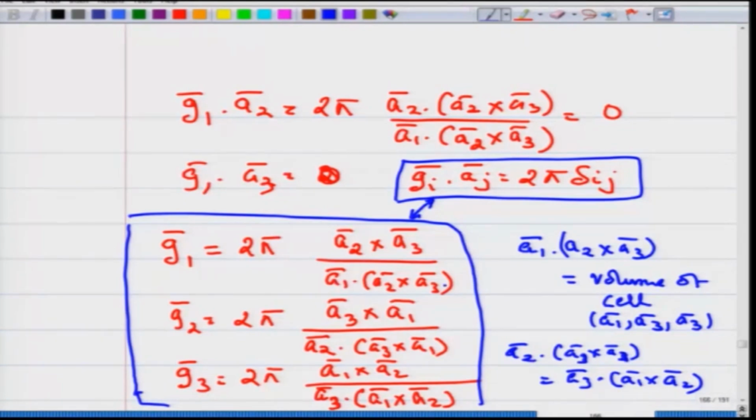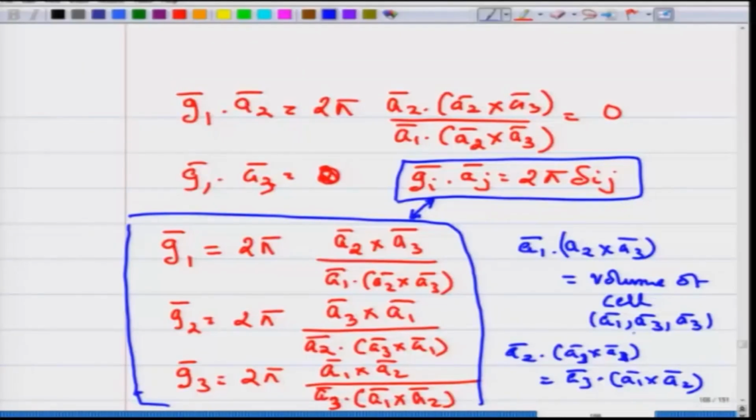So the denominator, all of this, is nothing else but the volume of the cell in real space, which is defined by your fundamental translation vectors A1, A2 and A3.